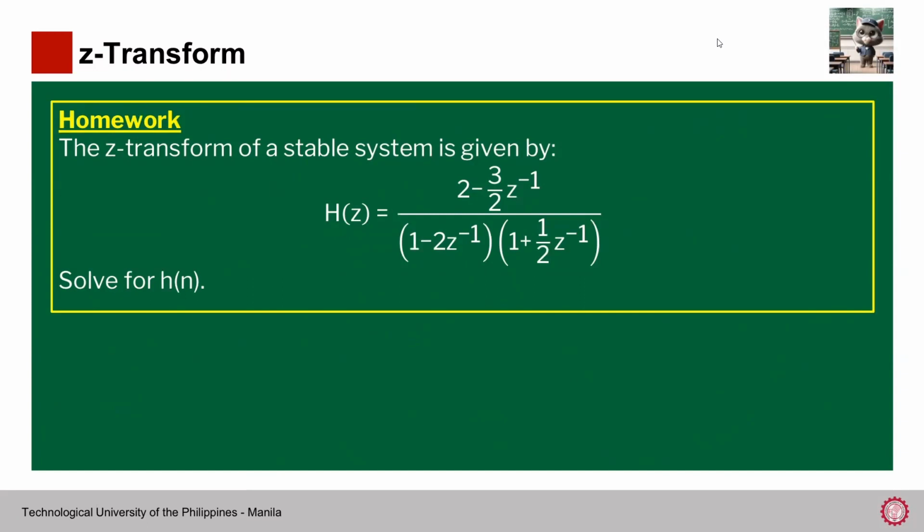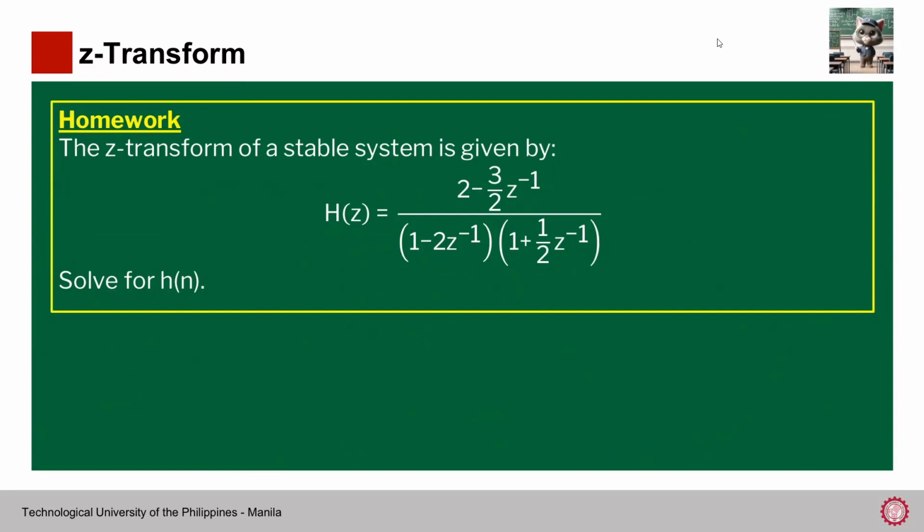Sir, bakit wala pong given na ROC? Because, if you still remember at the start of this video, I mentioned that ang pinakaunang titingnan nyo, guys, when you are dealing with inverse Z transform is to actually look for the ROC. So as you can see here, sir, bakit wala pong ROC? Meron kasi sinabi dito.